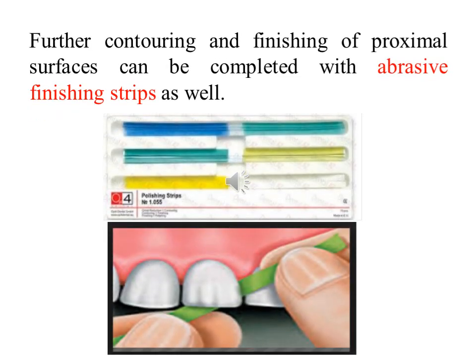In this picture we see that further contouring and finishing of the proximal surface can be completed by different types of strips with different colors, which are also used for contouring and finishing of proximal areas, as in class 4 and class 3 cavity preparations.